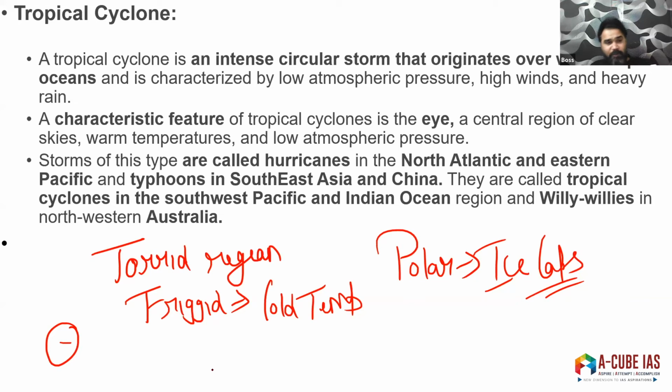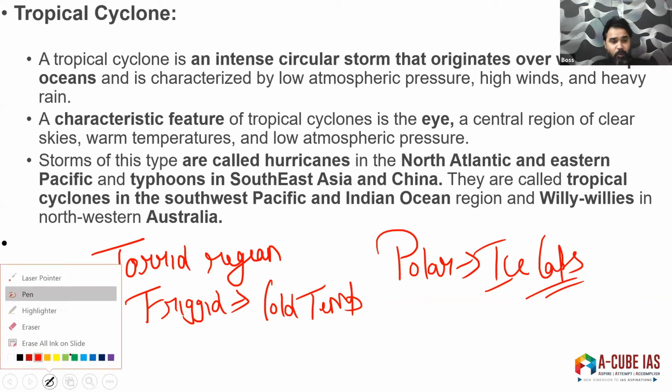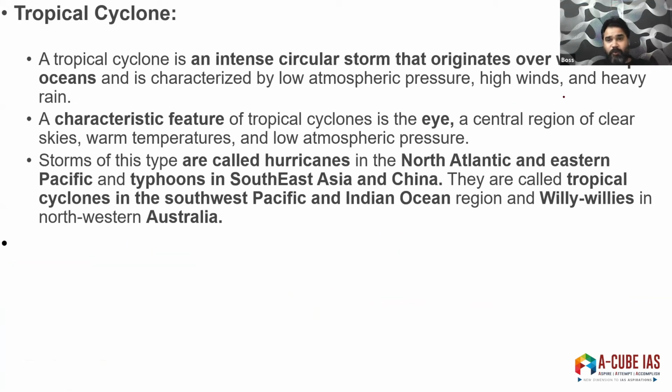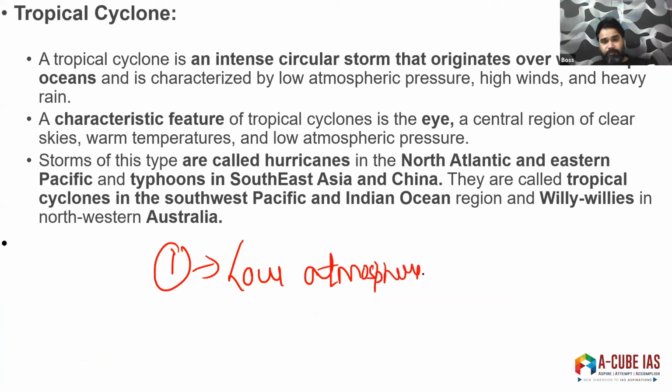Now, when I speak about a tropical cyclone, what are the characteristics? There has to be a low atmospheric pressure area. Number two, high winds.